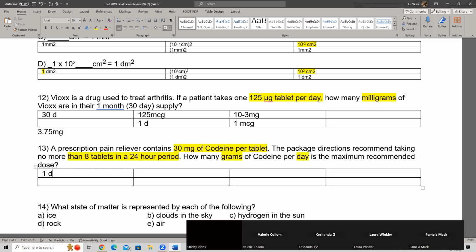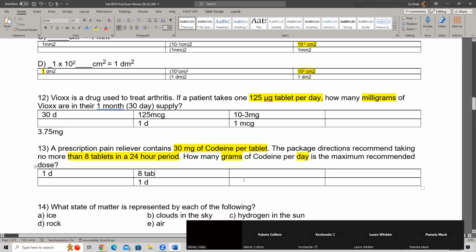We start with 1 day, right? And then the first thing that we have that matches the day or 24-hour period is what? 8 tablets. That's right. So 1 day on the bottom, 8 tablets on the top, and we're just going to call them tabs.